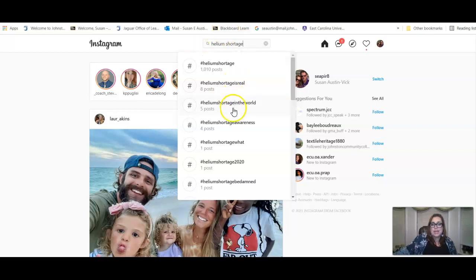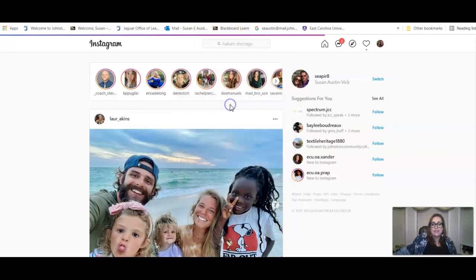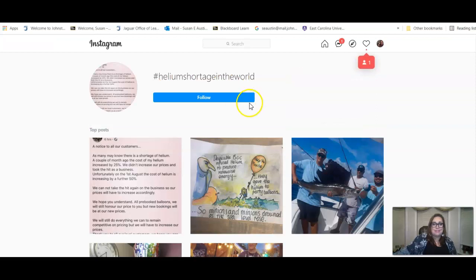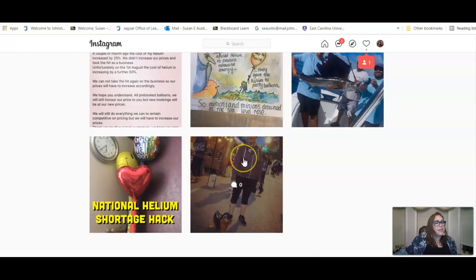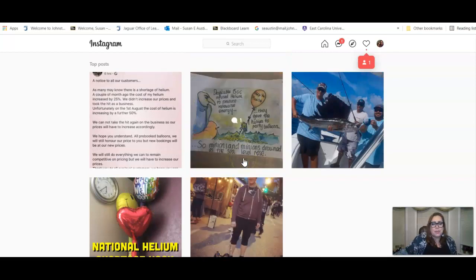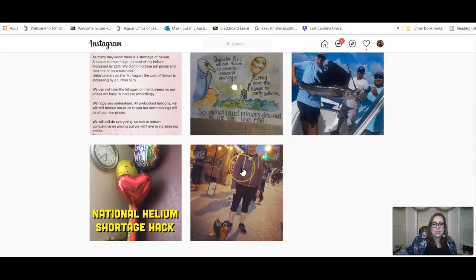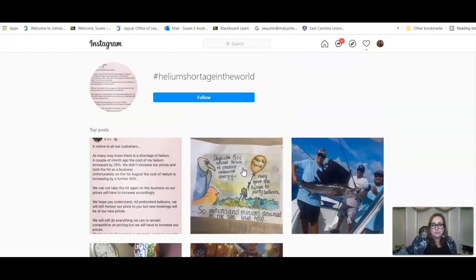So you start to see some hashtags, and so this is kind of interesting. It's not just a United States problem, it's a worldwide problem. I think my husband had said there are some supplies in Russia, and sometimes international problems happen with getting, is it very expensive to get the helium shipped. So that's one way you can do it.